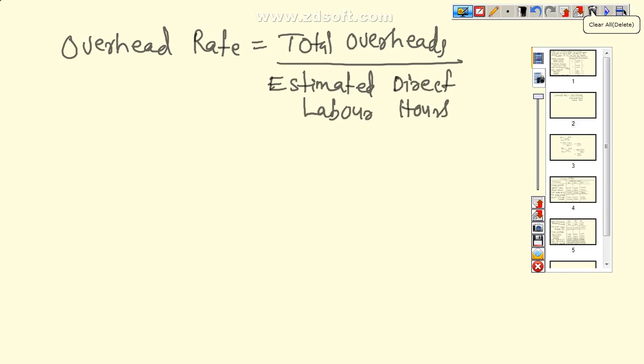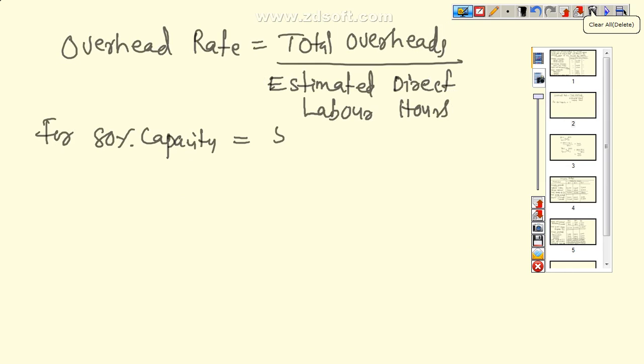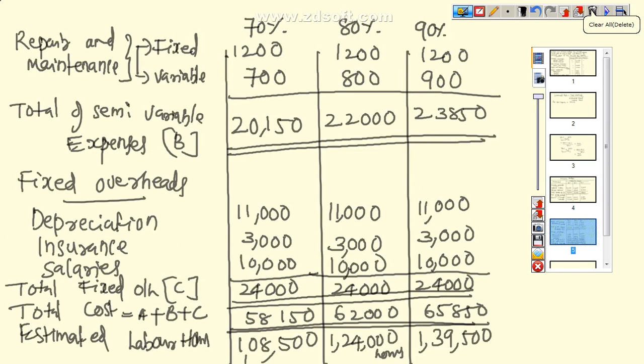So for 80% capacity, total overhead is 62,000.